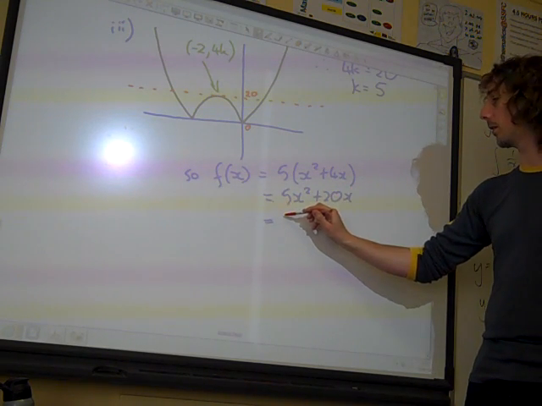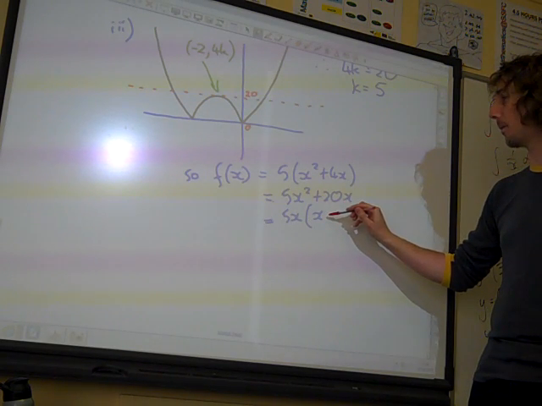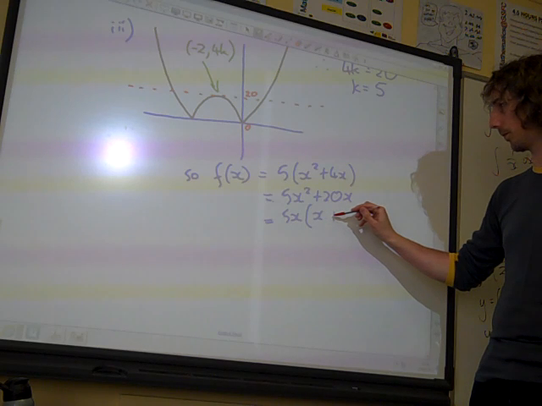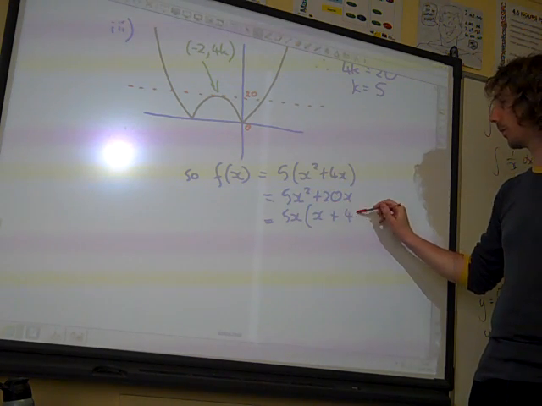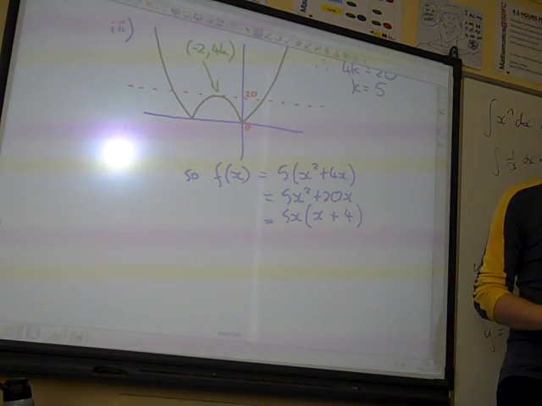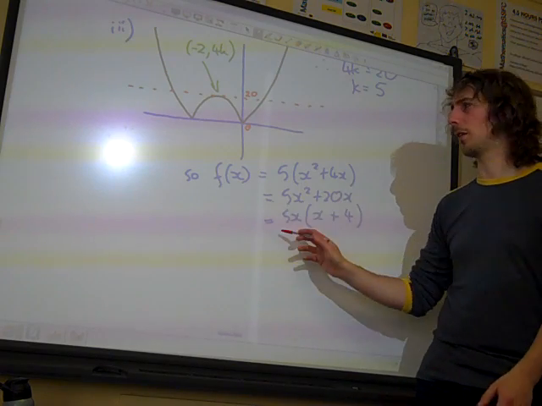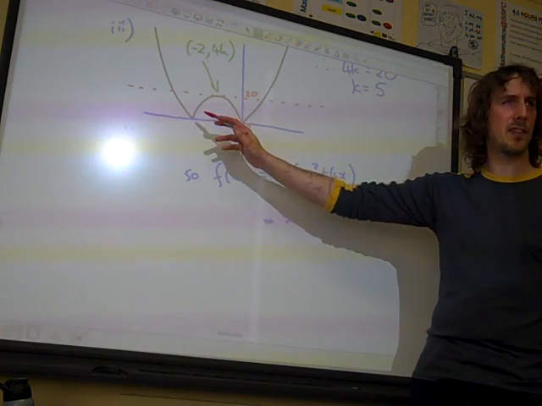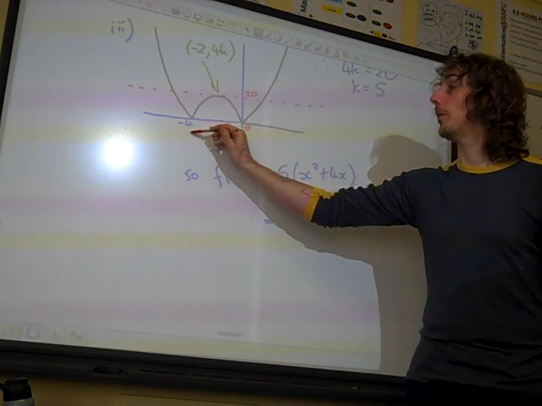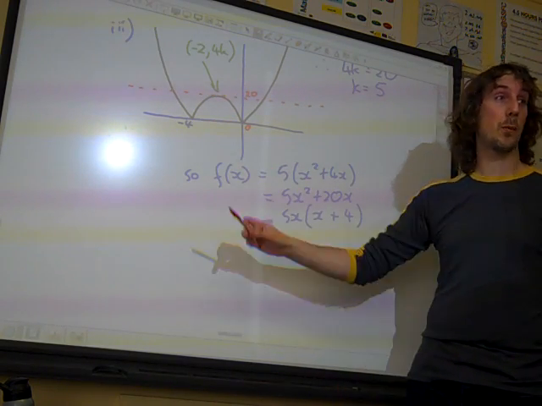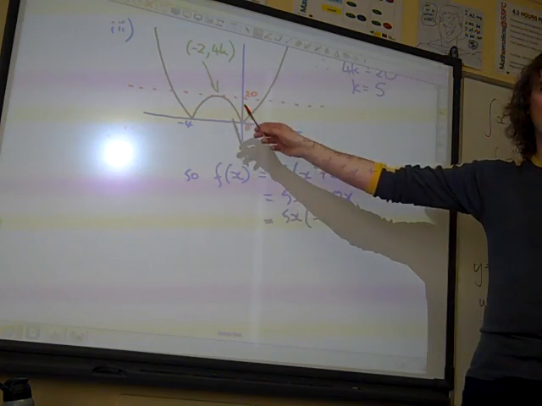So it's 5x and x plus 4, yeah, there we go. I'm not sure that was necessary actually, that tells us that these values are 0 and -4, and so this point here is halfway between them, we already knew it. That point there is at -2.